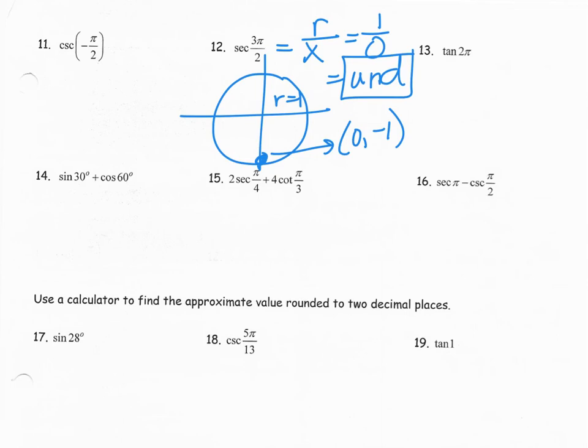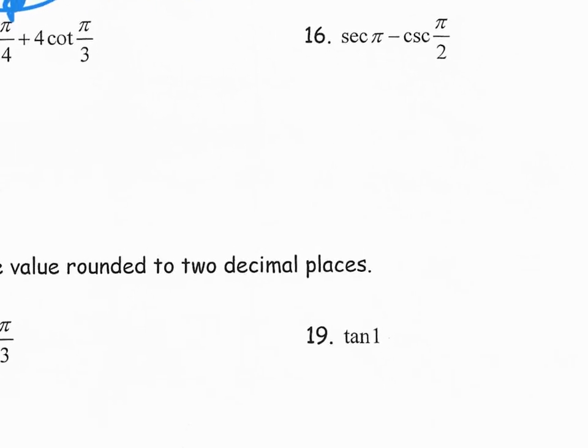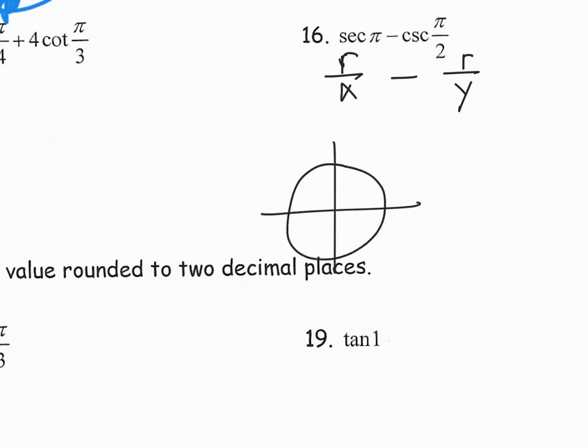All right, let's tackle one a little weird, something like number 16. I have two things that I'm doing: a secant pi minus a cosecant pi over 2. Remember, secant is the radius over the x value, and cosecant is the radius over the y value. So let's draw two triangles here. Pi is over here, negative 1, 0.